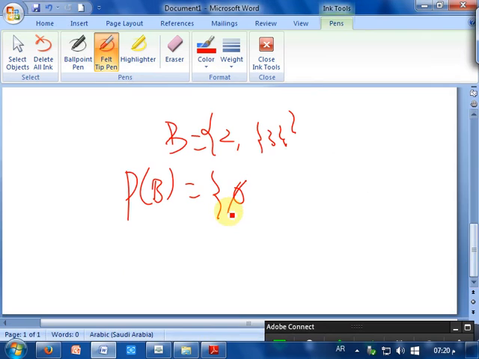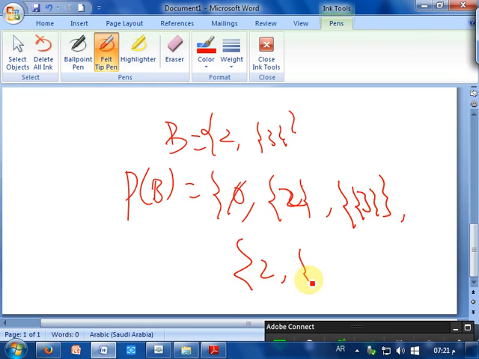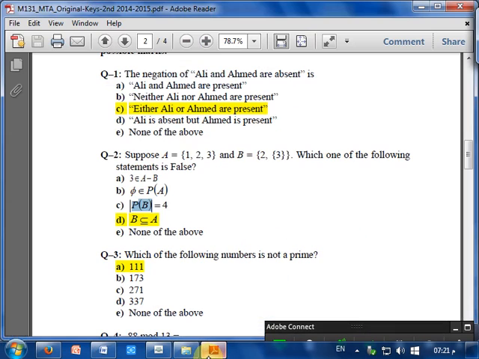Starting from null, then {{3}}, then {2}, then {2, {3}}. So the number of elements in the power set is 4. This is the power set, and this is the number of elements in the power set. This is true.